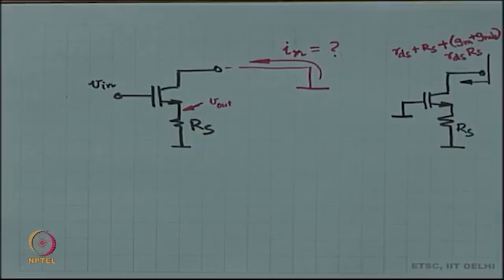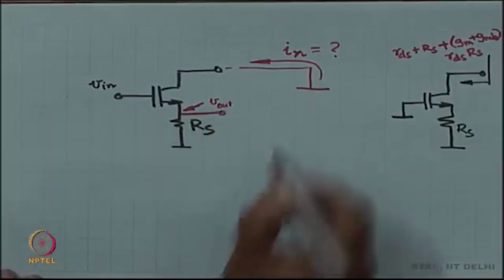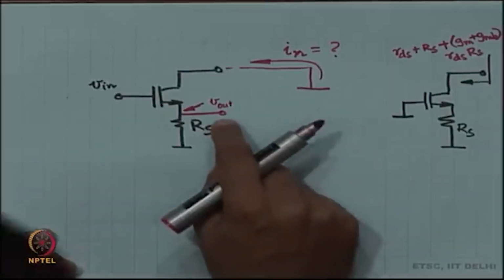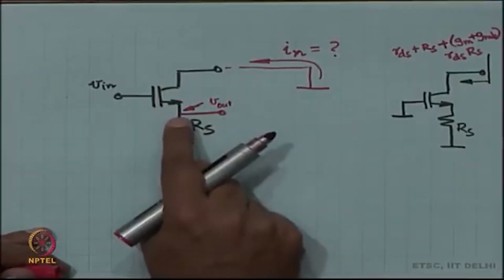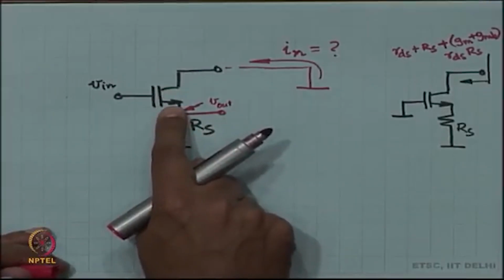Now, to find out V out, you are again going to use the Norton equivalent method. What is the Norton equivalent method? It has two parts: find out the short circuit current and find out the output impedance. So, I look at this node, what is the output impedance? I can look down, I see RS, and when I look up, I look into the source of the MOSFET.